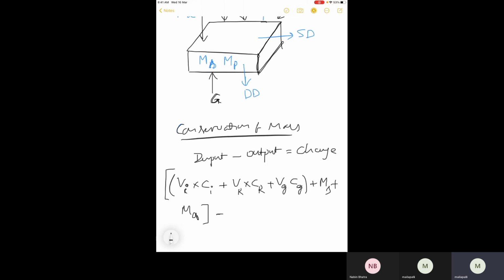So we are going to subtract the outputs. One is the volume of deep drainage and the corresponding salts concentration, plus the volume of surface drainage and the corresponding salts concentration, and then plus the plant water uptake.